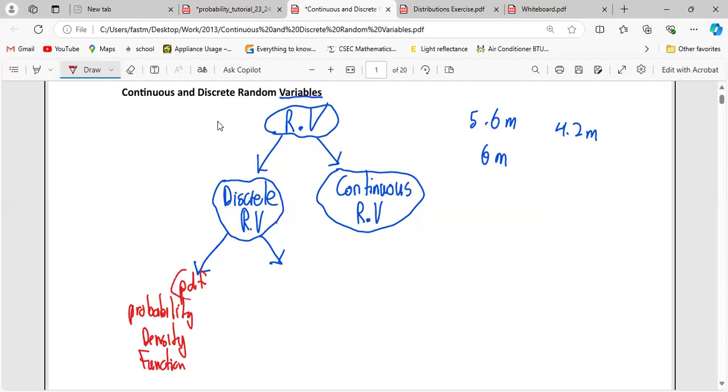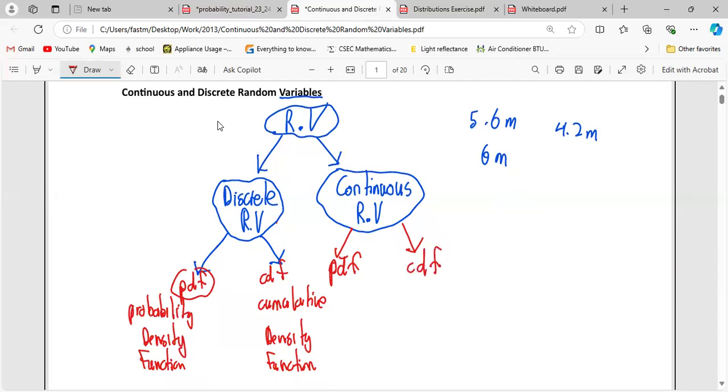And then the other one is the CDF, which is the cumulative density function. Right, and it's the same thing for continuous. I believe for discrete it's PMF, probability mass function, but for now, the formalities don't really matter. You need to understand it. You could always change up the notation after.